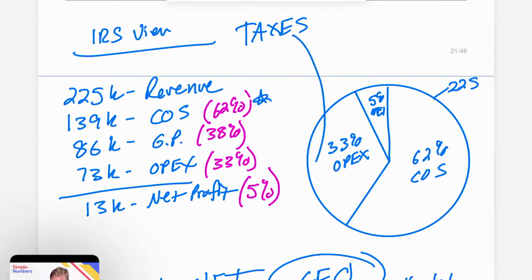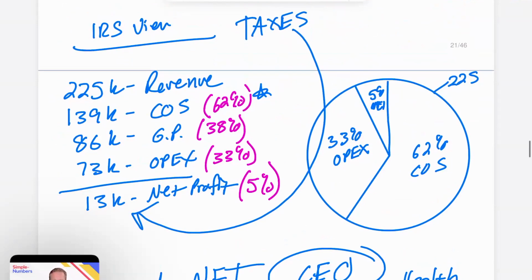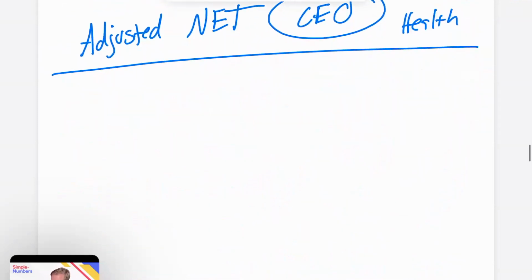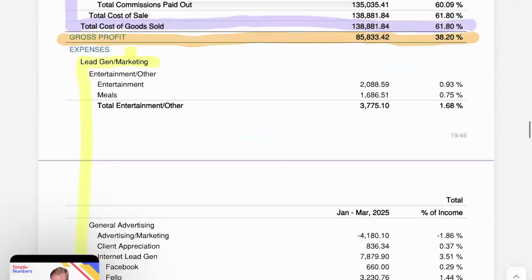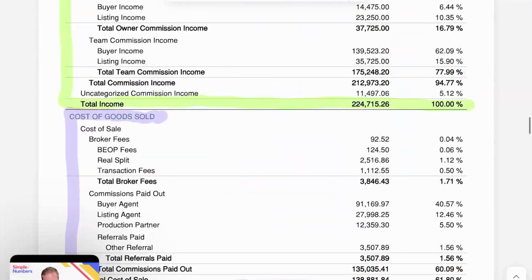On paper, it looks like we made 13K and we're going to pay taxes on that amount. But that doesn't tell us the true health of the business. Let's adjust the numbers. So the adjusted numbers, the same $225,000 of revenue. But if we paid ourselves like an agent, we would have had $166,000 in cost of sale. How do I know that? Well, here, let me show you. I go up here to our bookkeeping.